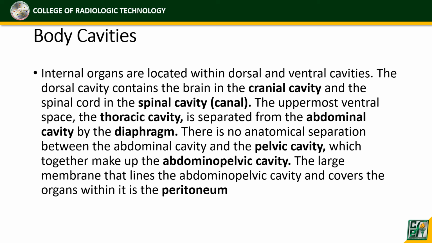Sometimes the abdominal cavity and the pelvic cavity are joined together, and they are called the abdominopelvic cavity. The large membrane that lines the abdominopelvic cavity and covers the organs within it is what we call the peritoneum.